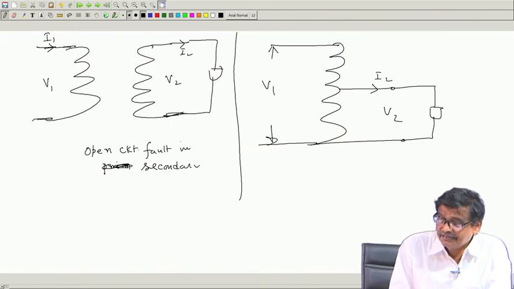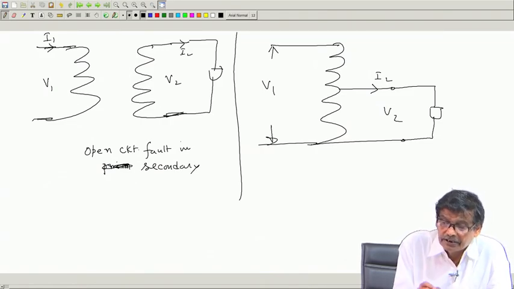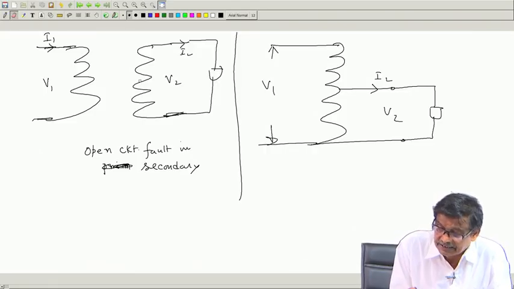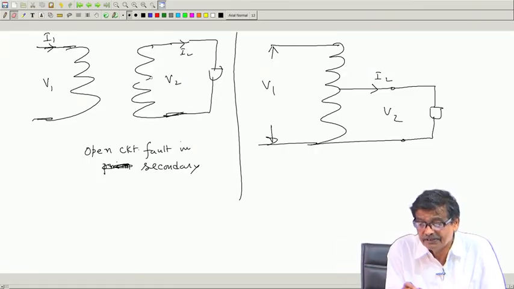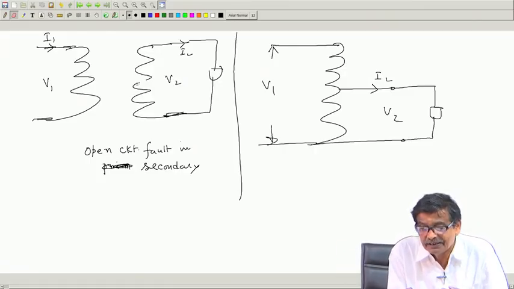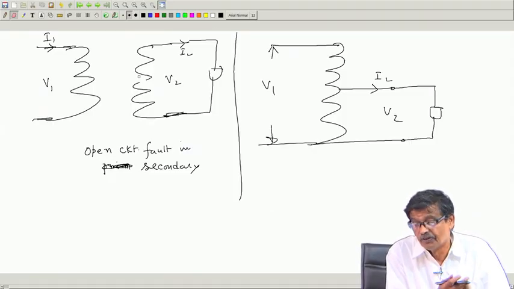What has happened is this, you do not know, a fault has occurred which creates an open circuit here. Excessive current was flowing because of some reason, and the winding has become open, which you cannot see from outside.